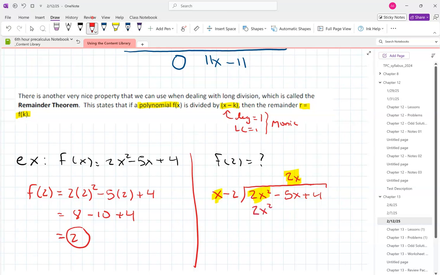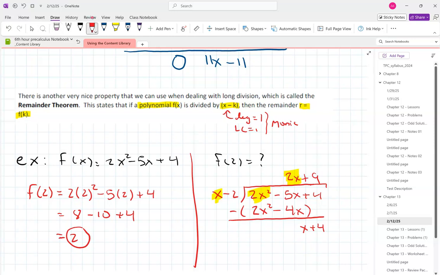So I have 2x squared minus 4x. And then I subtract down. Gives me 9x plus 4. So 9 times x gives me 9x. Oh my gosh, it doesn't give me 9x, you dope, Mr. Kulik.